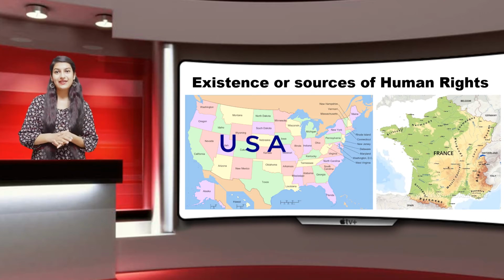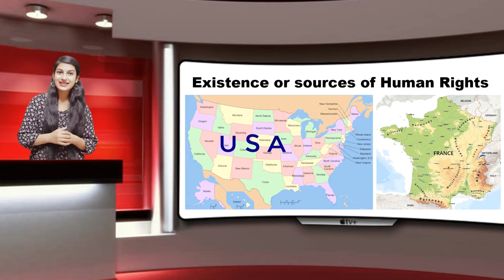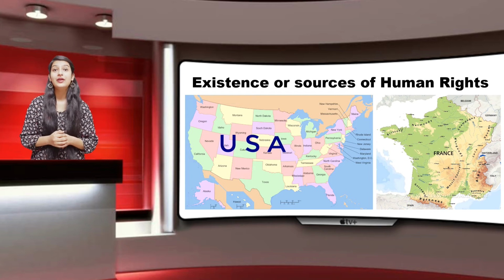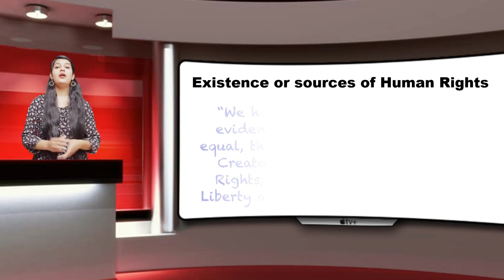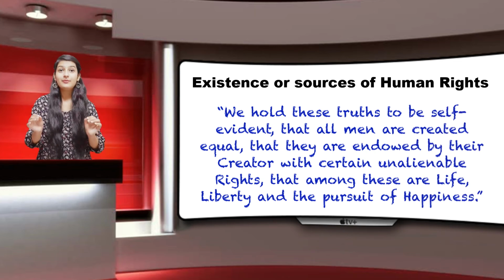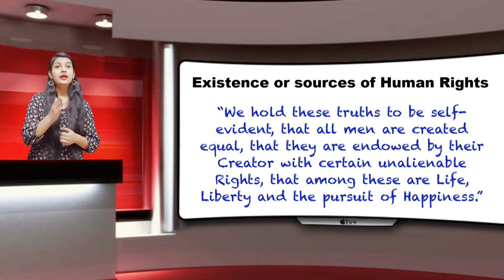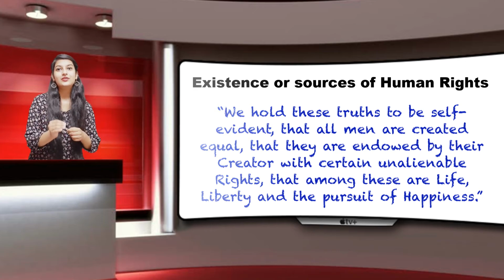So in 1776, when the United States of America was formed as a new nation, it adopted the 1776 American Declaration of Independence, which included in its preamble the human rights values, and stated, "We hold these truths to be self-evident, that all men are created equal, that they are endowed by their Creator with certain unalienable rights, that among these are life, liberty, and the pursuit of happiness."